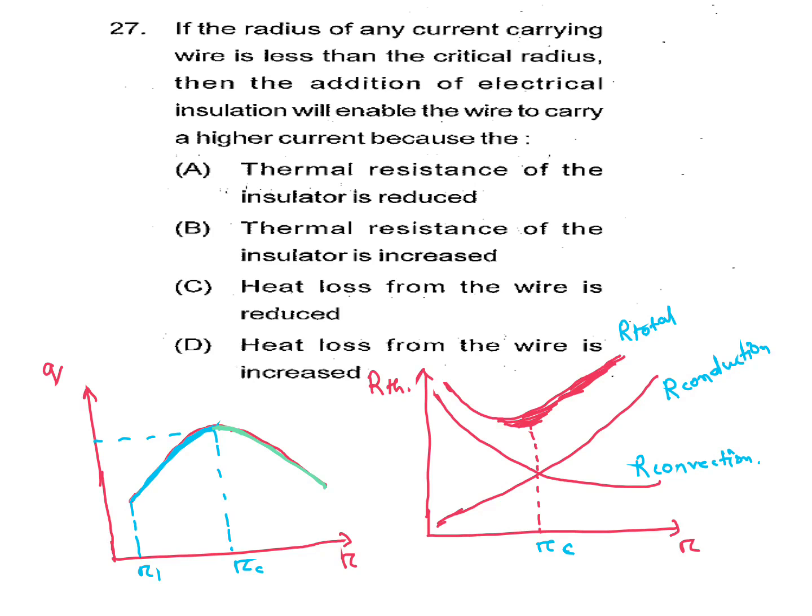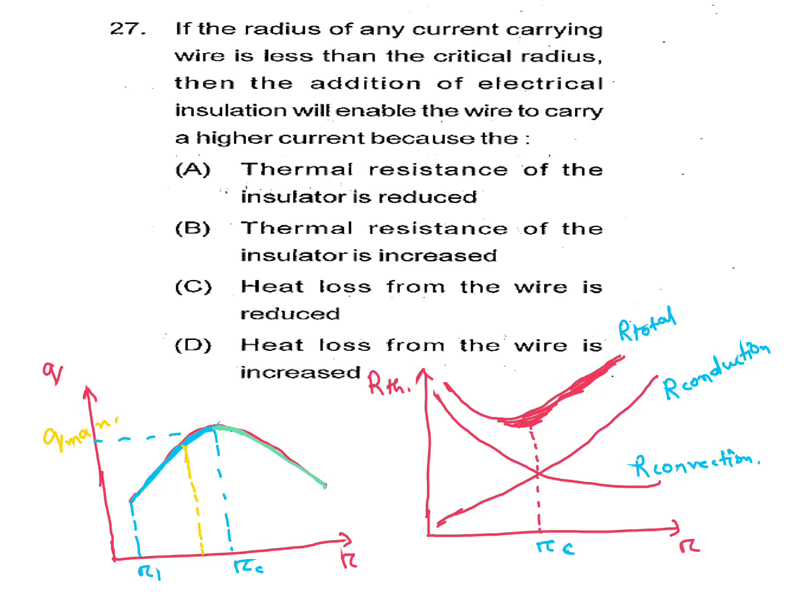So in this question, addition of electrical insulation will enable the wire to carry higher current, because addition of insulation is at less than critical radius. So it will come in between R1 to RC, which is Q maximum heat transfer at RC point.